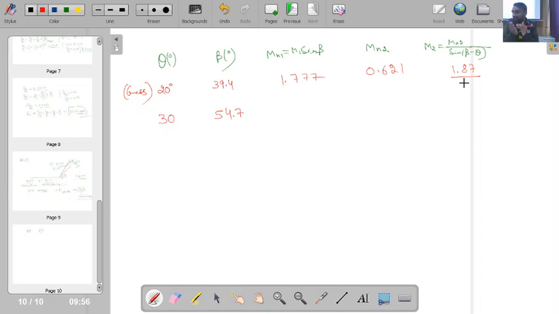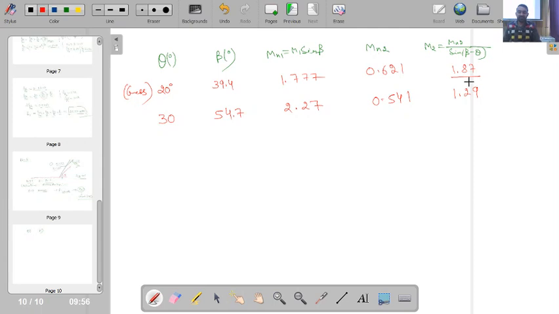So we have to increase the value of beta, and for increasing the value of beta, I have increased theta. So corresponding to 30 degrees, 54.7 degrees is my beta, and 2.27 is Mn1, 0.541 is Mn2, and corresponding to this you are finding 1.29.